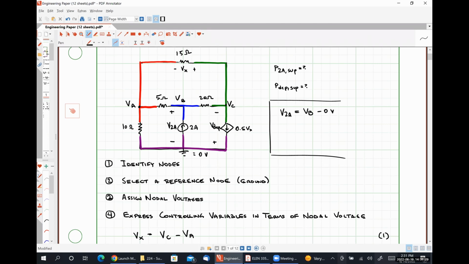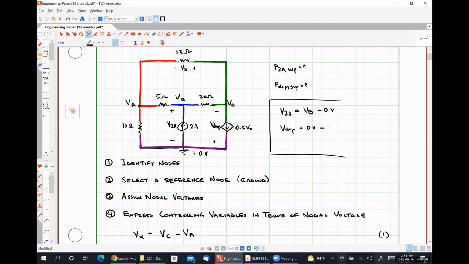So the voltage drop across the 2 amp source is simply VB. The voltage that I've labeled as V dependent will be the voltage associated with the positive polarity terminal, which is 0 volts, minus the voltage associated with the negative polarity terminal, which is VC. So V dependent is simply negative VC.